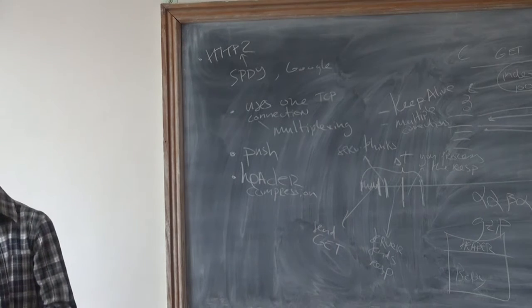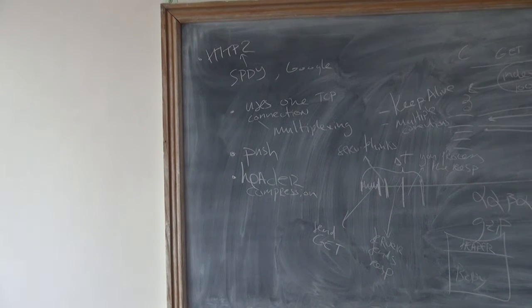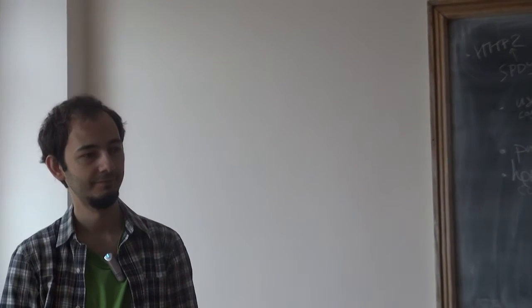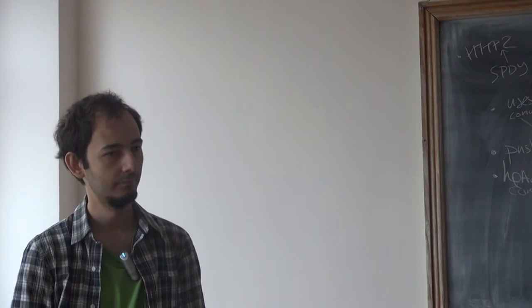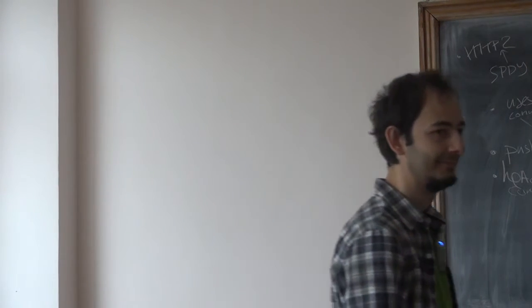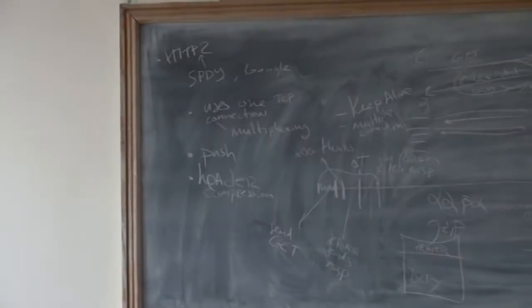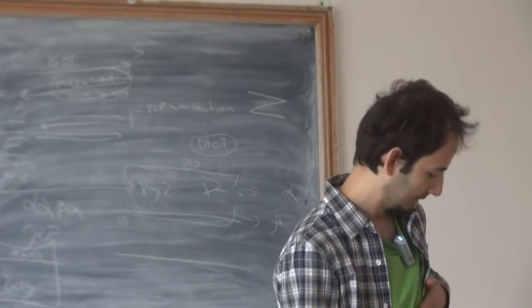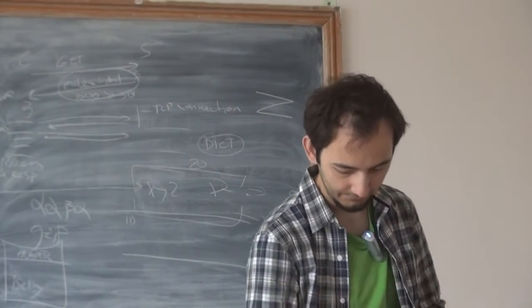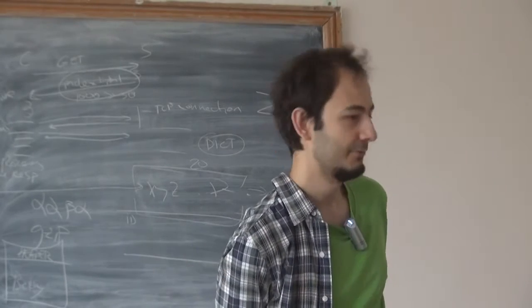Does this thing have any side effects, in your opinion? Any drawbacks? When a user changes some settings, how can they tell that they modified something? They have to change the dictionary. No, they will just, well, of course, yeah.